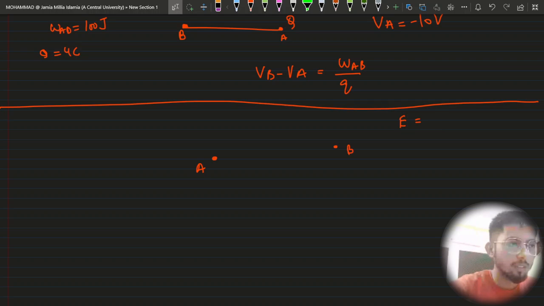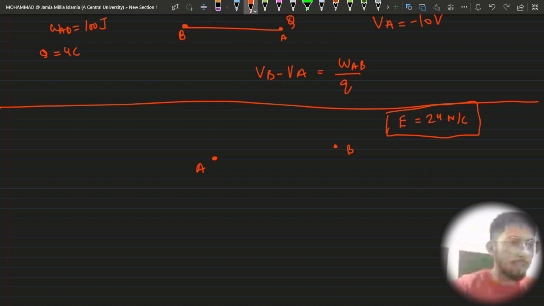24. There is some charge at A, due to which we already know that there will be some electric field. So at this point B, this is what the electric field is, the magnitude of that electric field.